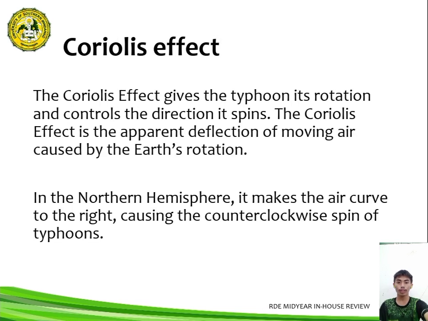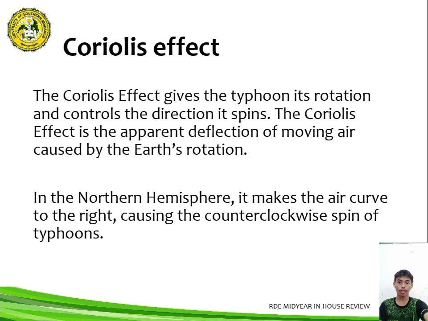So the Coriolis effect gives the typhoon its rotation and controls the direction it spins. The Coriolis effect is the apparent deflection of moving air caused by the Earth's rotation. In the northern hemisphere, it makes the air curve to the right, causing the counterclockwise spin of the typhoon, and clockwise in the southern hemisphere.